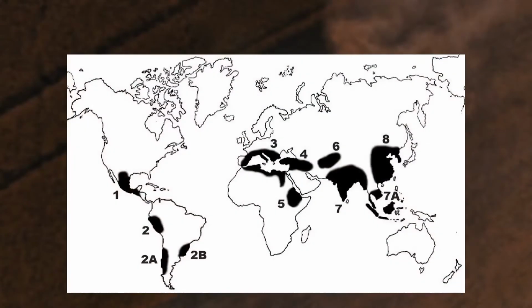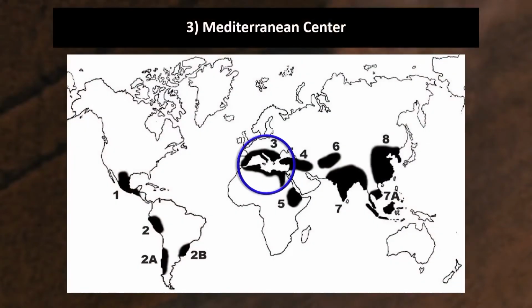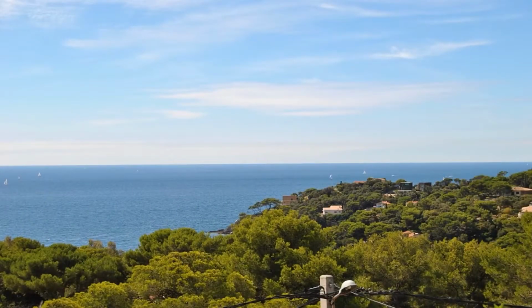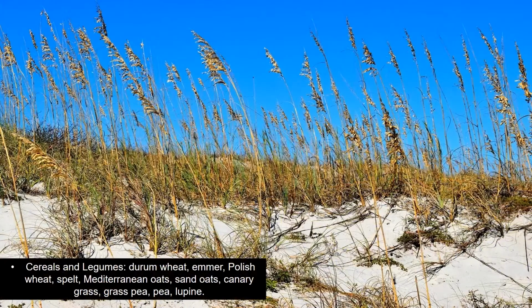And if you look into this map, the third one, the Mediterranean center, that includes the border of the Mediterranean Sea, and it has so far listed 84 plants as center of origin from this area, like cereals and legumes like durum wheat, emmer, Polish wheat, spelt, Mediterranean oats, sand oats, canary grass, grass pea, lupin.